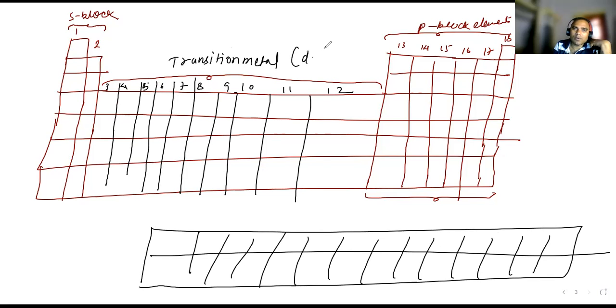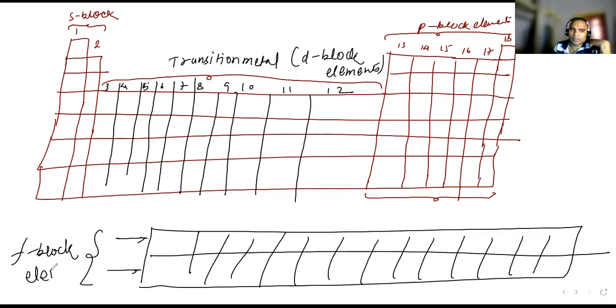This is the D block element. So 10 groups are there for the D block element, and these two are the F block element. Whatever you are naming transition metal, I told you this is the D block.